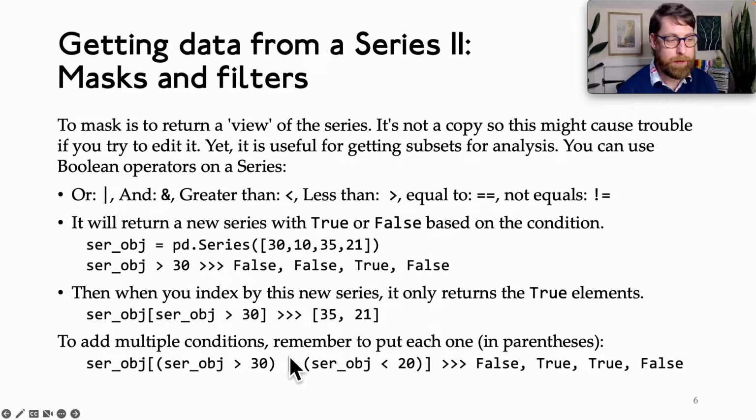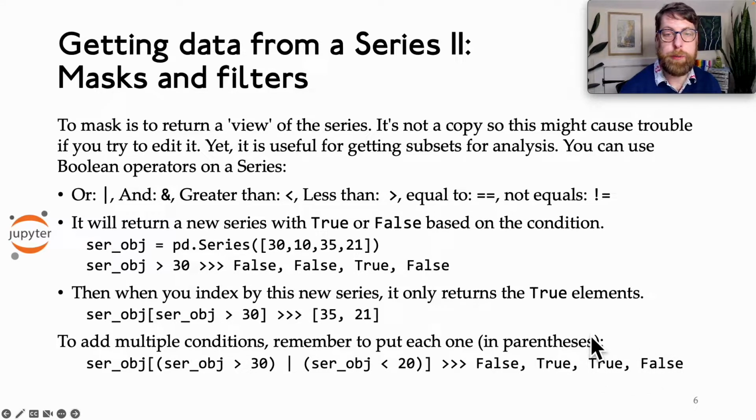We could make an and, but that would give nothing, because it would be logically impossible for a value to be both above 30 and below 20. So in this case, it's this or this, and then instead of False, False, True, False, we pick up an extra value, one that is below 20, and that's this one right here. So we can see that it works.